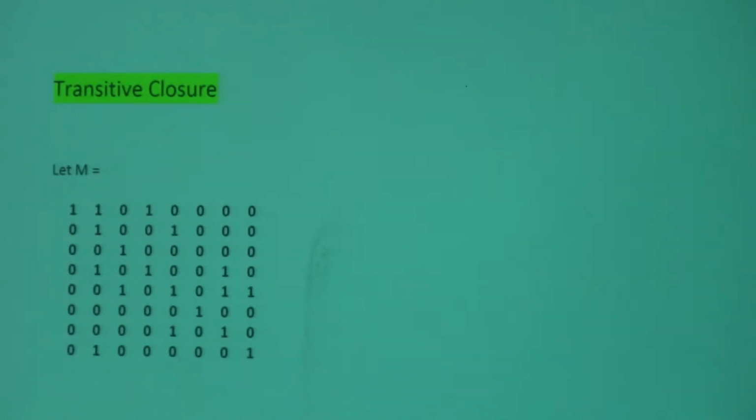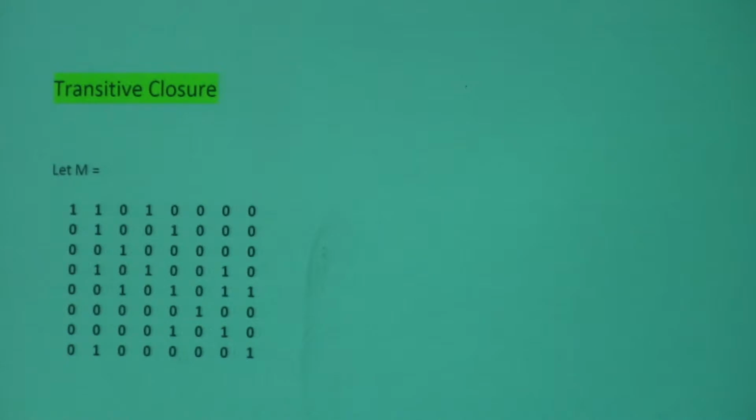So what we have is 1, 0, 0, 0, 0, 0, 0, and we're going to take the OR of that. So 1 or 0 or 0 or 0 or 0 or 0 or 0 or 0 is 1. So that's why it's a 1.